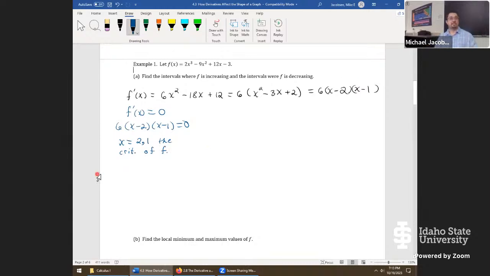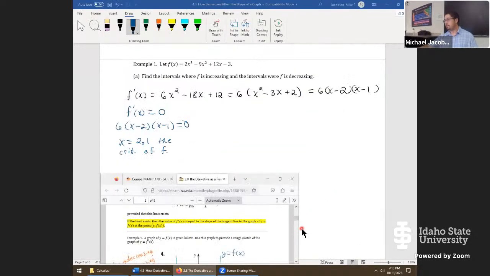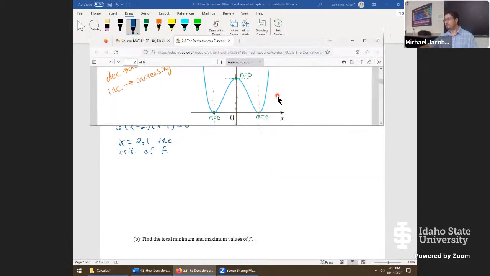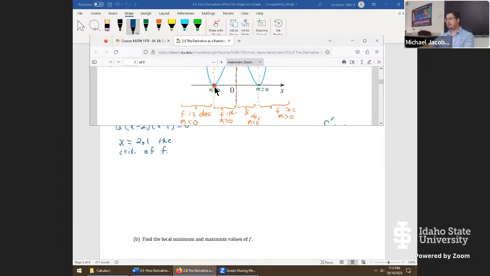So we have 2 critical numbers, and that means when we go to solve this problem, we need a sign chart to organize all of the information. The values where things get cut up are the critical numbers.